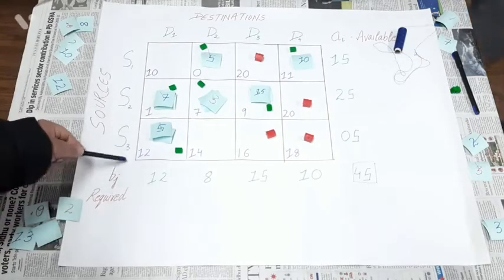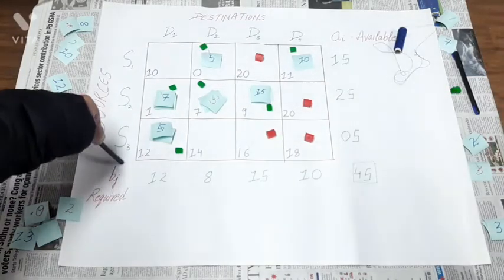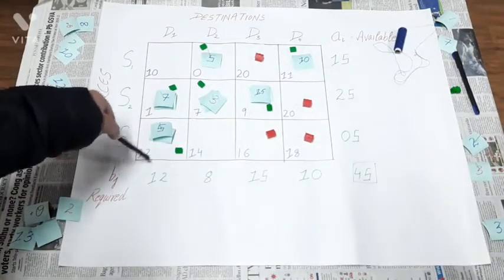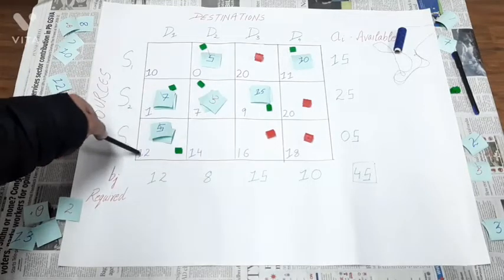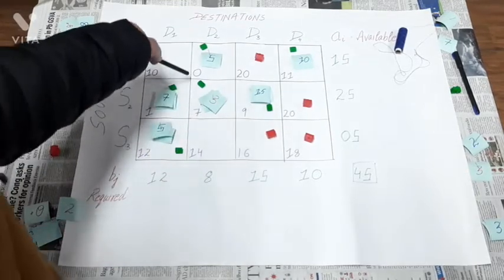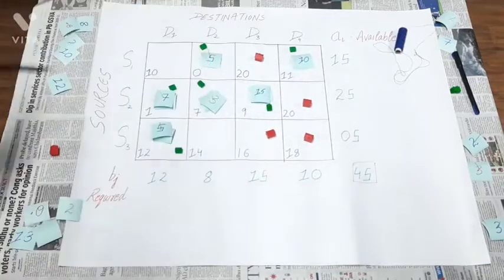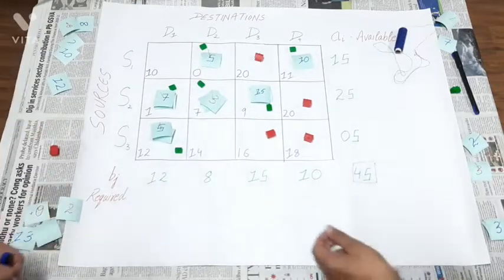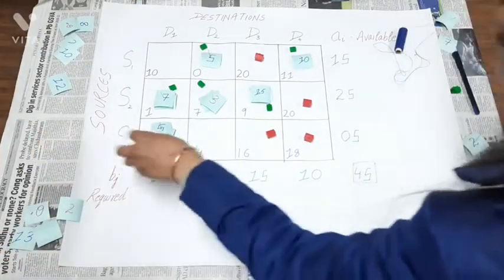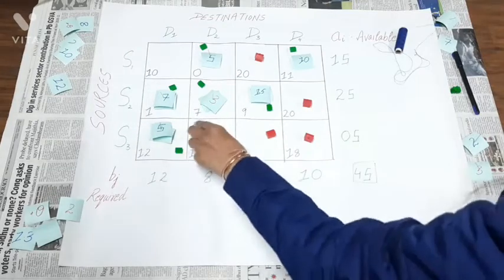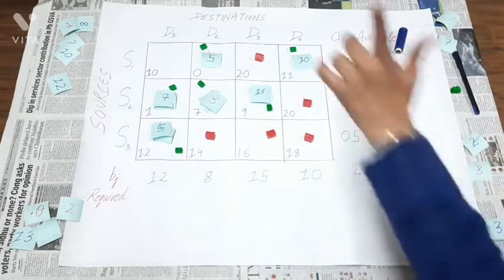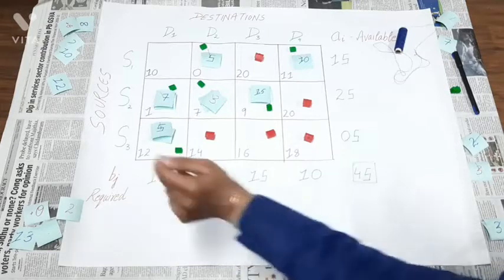So now we will take out the maximum time from the remaining part: 12, 1, 7, 0, 11, 9. So the maximum is 12. And hence time units greater than 12, that is 14, will be ruled out. Now we are left with only 10 and the maximum is 12.